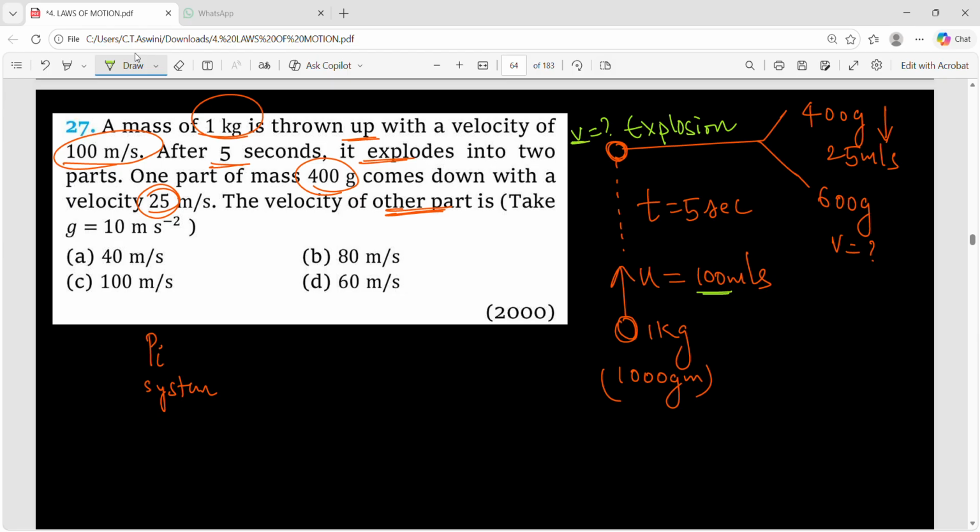So before explosion, what is the velocity? How will you find it out? First find it using the kinematics equation. V is equal to U plus AT. We don't know V. Initial velocity is 100. And what is acceleration here? It's nothing but the g value. g will always be downward, so minus 10. And time is how much? 5 seconds.